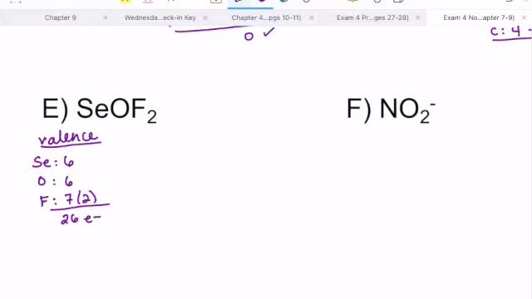All right, so propose to me an idea that you had during your brainstorming. Somebody tell me how you wanted to arrange these atoms based on following the patterns. Okay, no one's going to do it until I call it. What did you think you wanted to do?